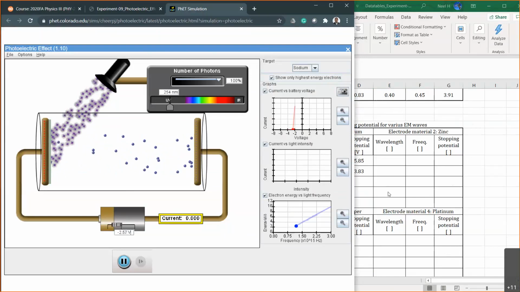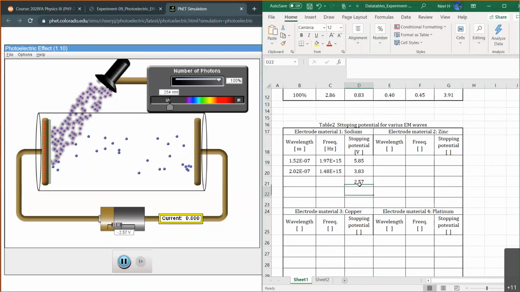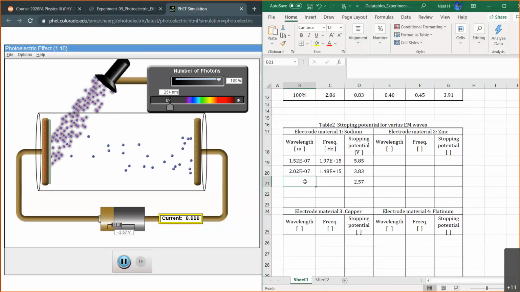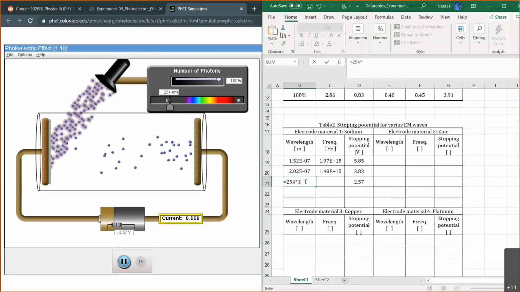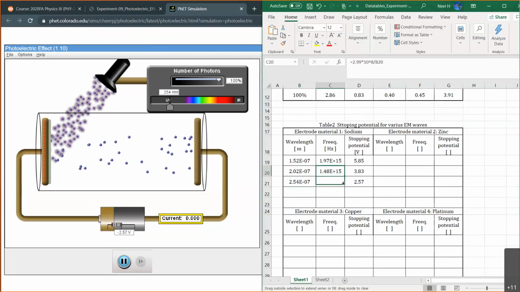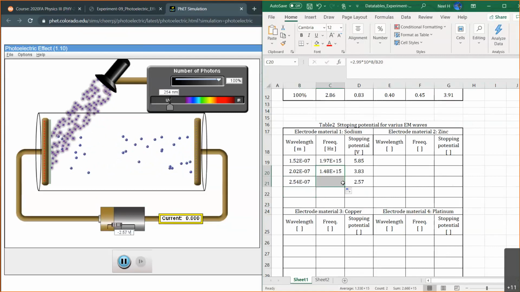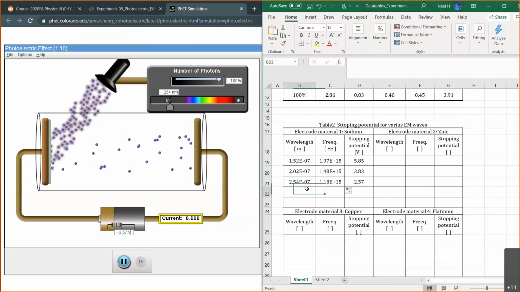So you have to find that stopping potential as accurately as possible. Okay, 2.57, and the wavelength is now 254, equals 254 multiplied by 10 to the power minus 9. If you type it that way, it will automatically change into scientific notation, and this you can click and drag.